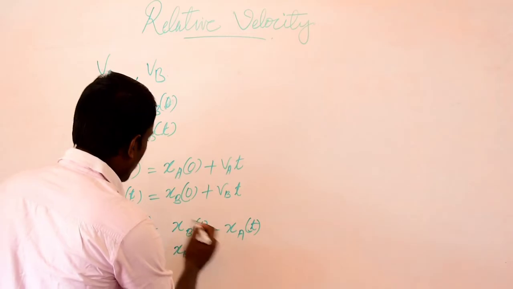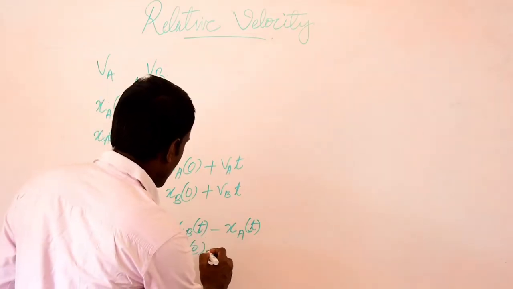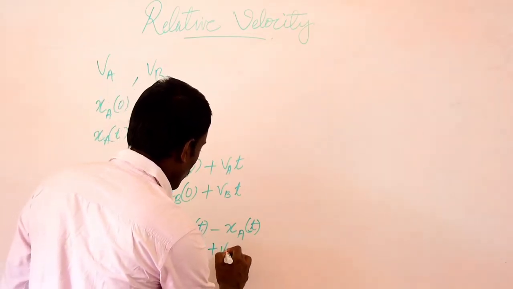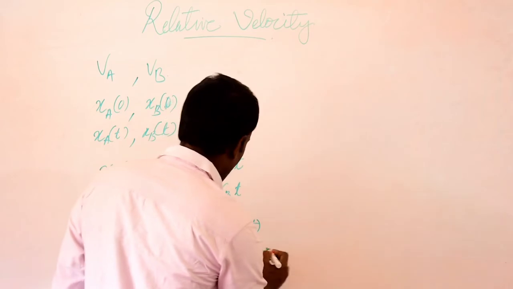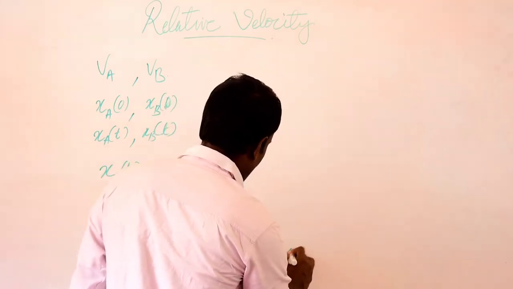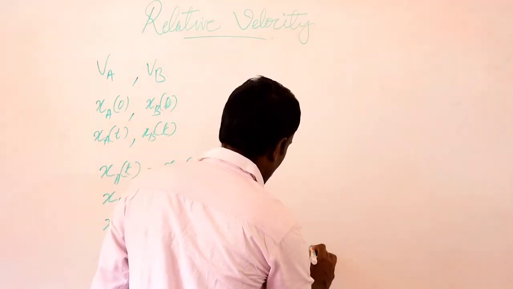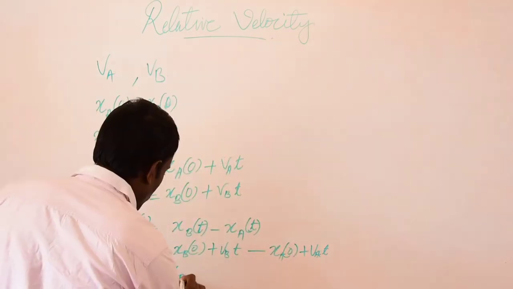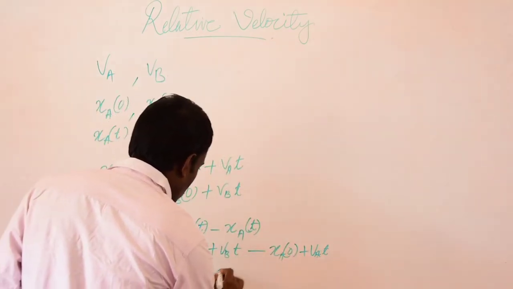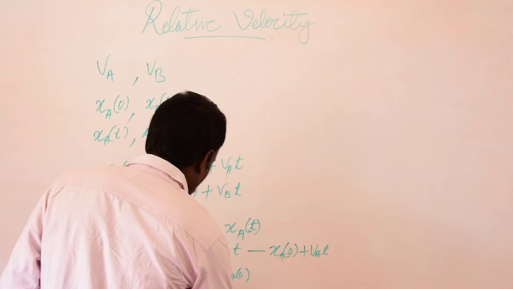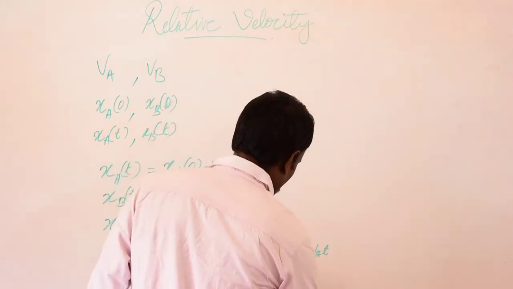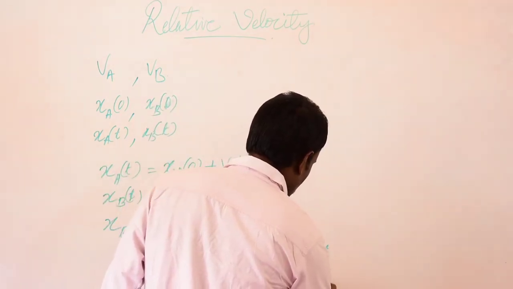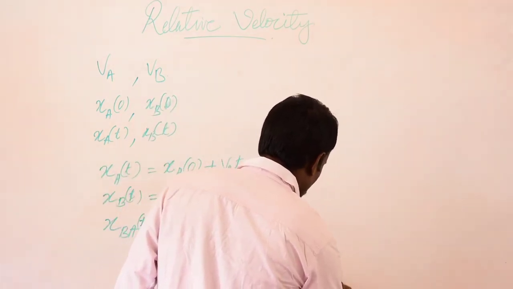And that is equal to xB0 plus vB into t, minus xA0 plus vA into t. That gives xB0 minus xA0 plus (vB minus vA) into t.